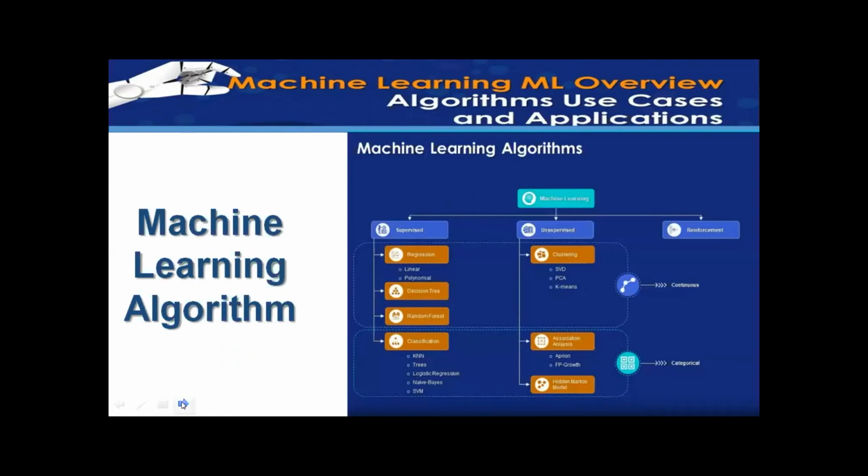And the next thing is about your algorithms. What are the different algorithms available in each learning method? As I said, we have three types of learning method. One is supervised learning, another one is unsupervised learning, and the third one is reinforcement learning. If you are going to take the supervised learning method, based on your data set, if you have continuous value data, you can go with regression algorithms.